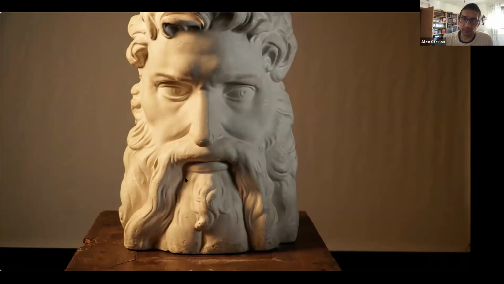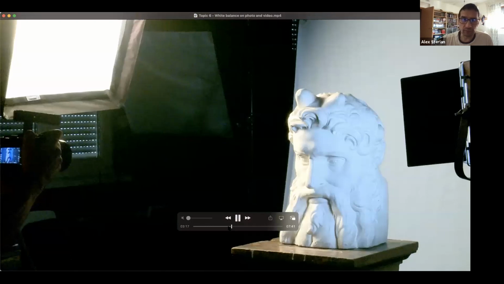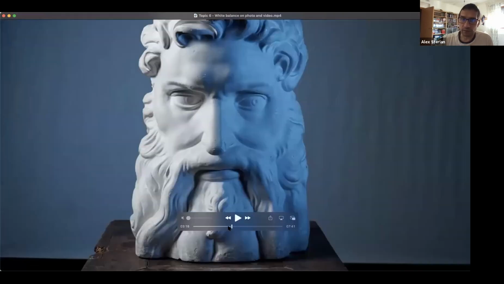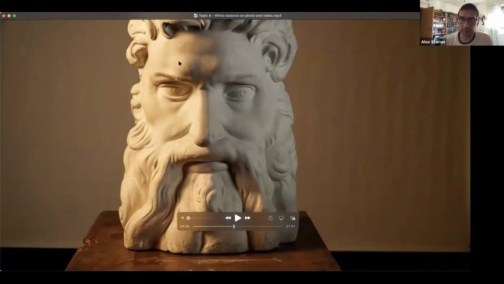As you can see, the difference between the one before and this one is huge when we look at how the color is rendered on the neutral, let's say, surface on the left, because this is the neutral regarding the value of this balance from the light source to the camera, and how this is shown later on.